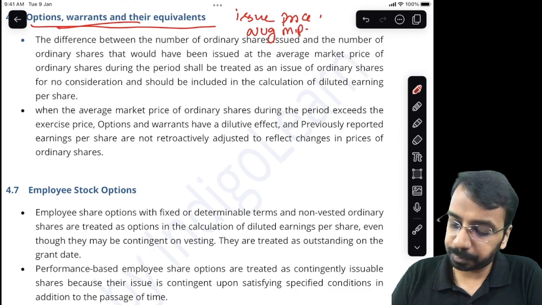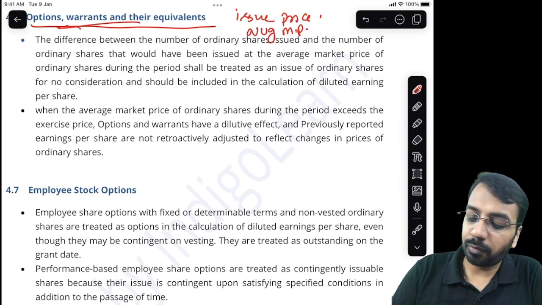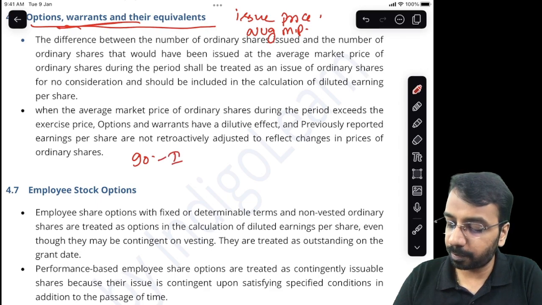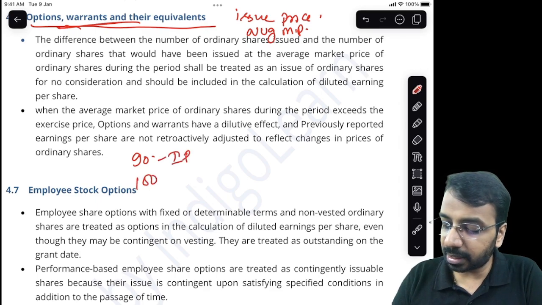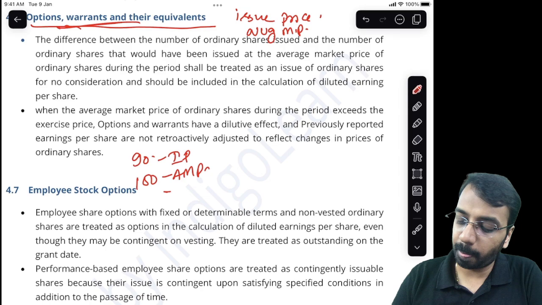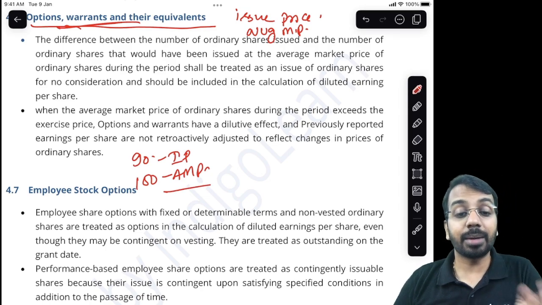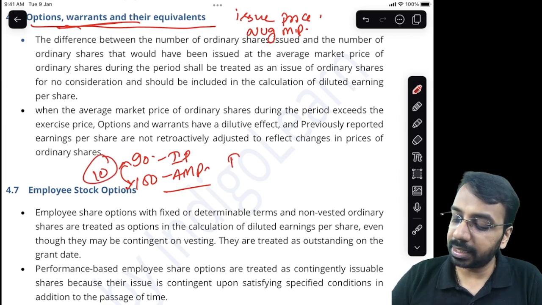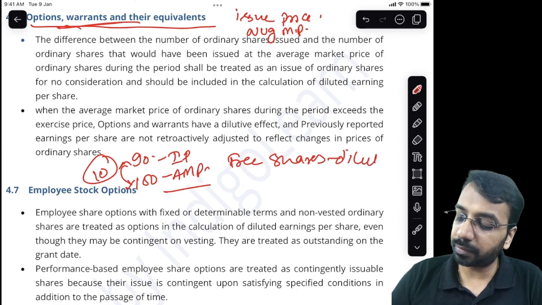Okay, so for example, for this warrant, 90 is the issue price, market price is 100, average market price is 100, which means something worth 100 I am giving for 90. So to the extent of this 10, we will say these are free shares and these are dilutive.